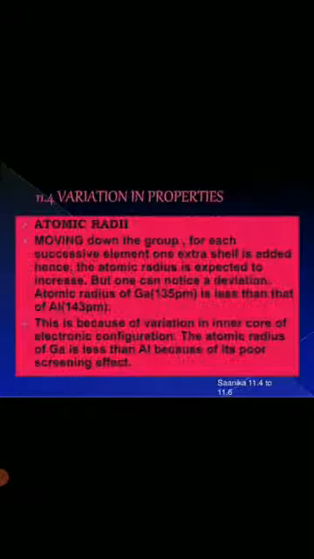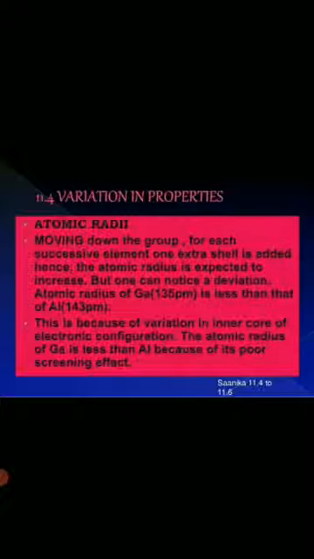Students, now we will discuss the variation in the properties. So first comes the atomic radii. Moving down the group, you know that for each successive element, one extra shell is added. Hence, the atomic radius is expected to increase.